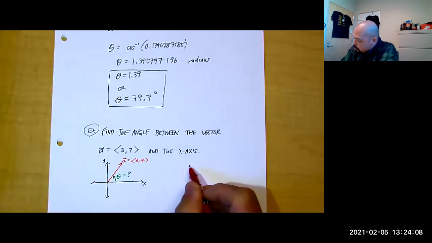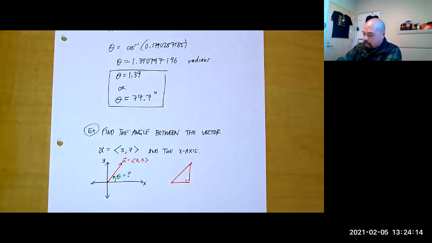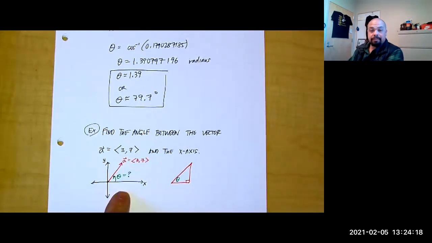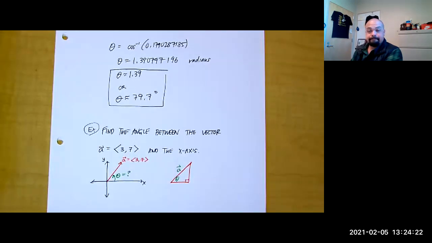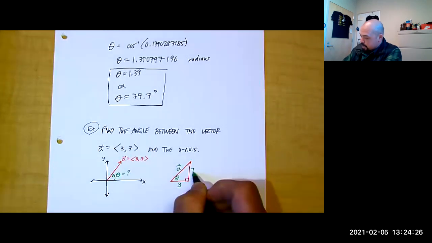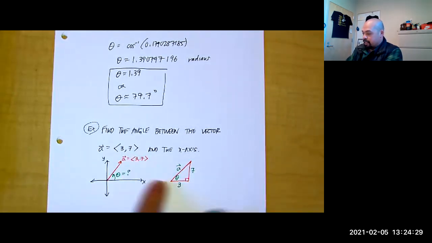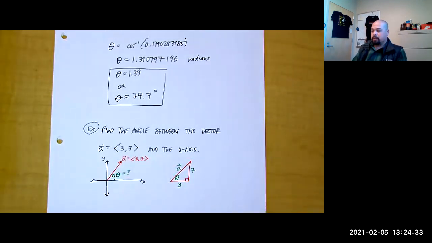So as a right triangle, thinking about what we'll talk about later, these components, these portions of that vector. If this is my vector A, this side down here is going to be 3, this side 7, right? We're going 3 in the x direction, 7 in the y direction.